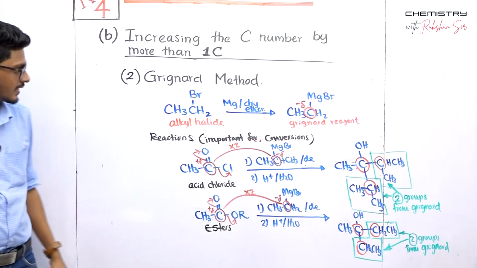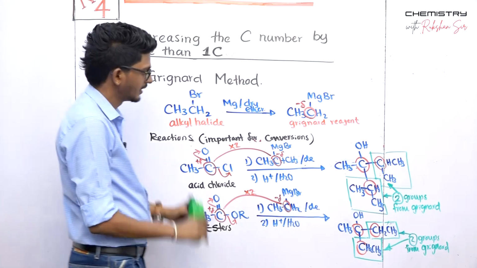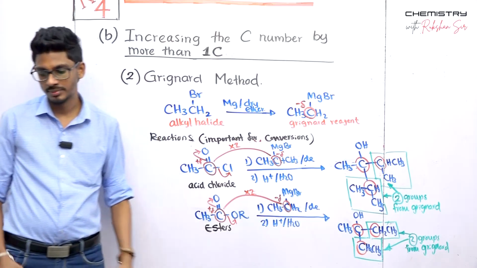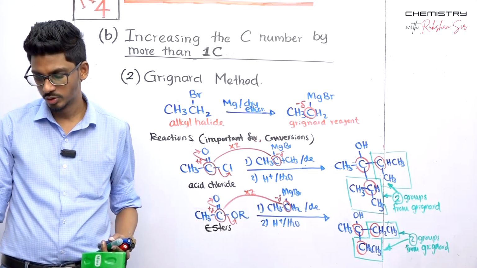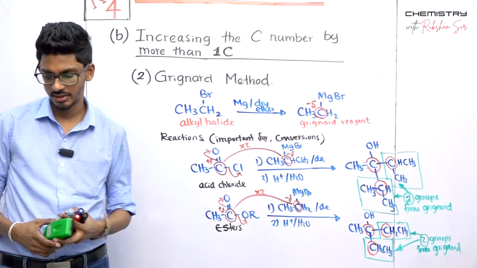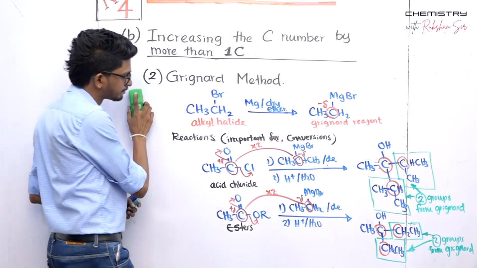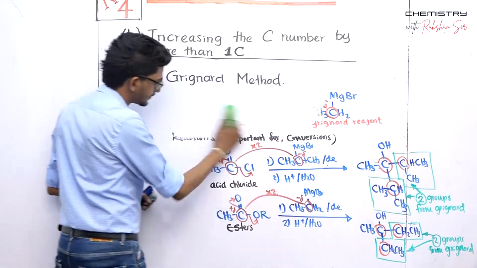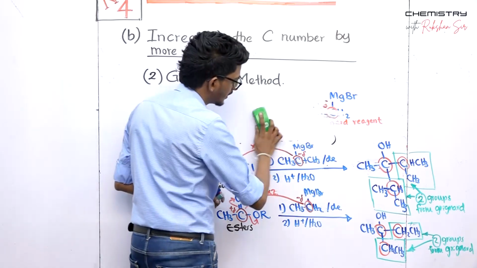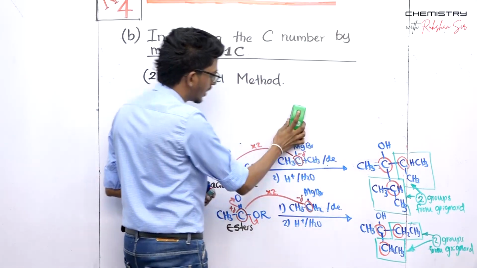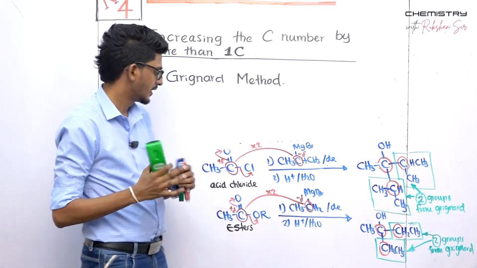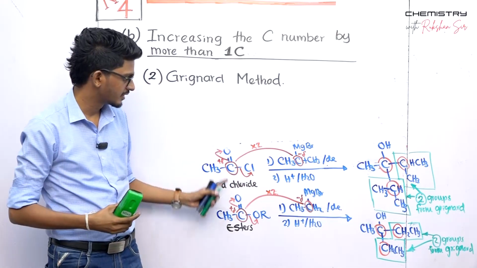Let's do some example conversions using the Grignard method. I think you are very clear with acid chloride and esters.